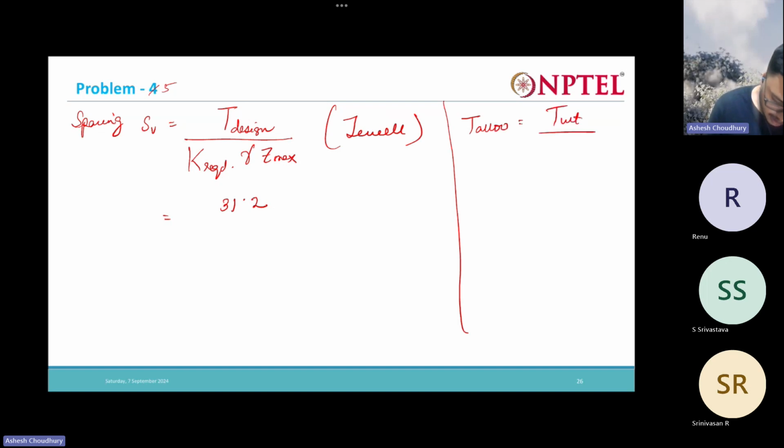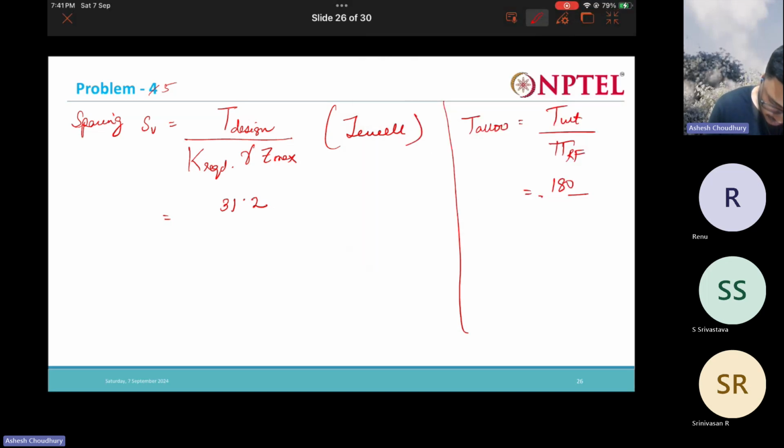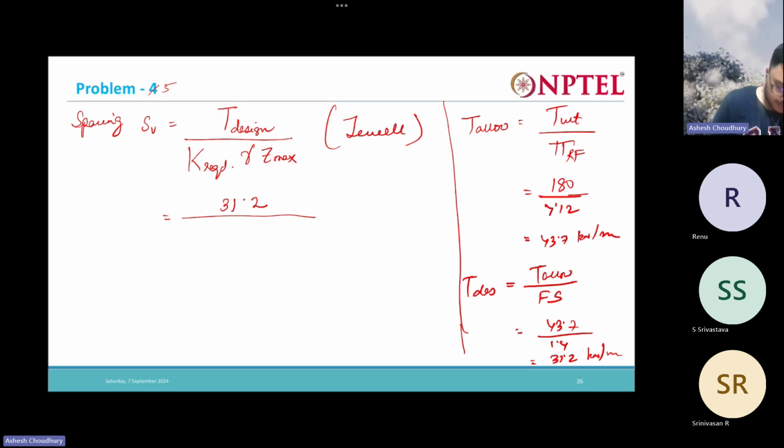T ultimate by 4.12 gives T design. By unit weight, which is given as 18, by Z max, the maximum depth.